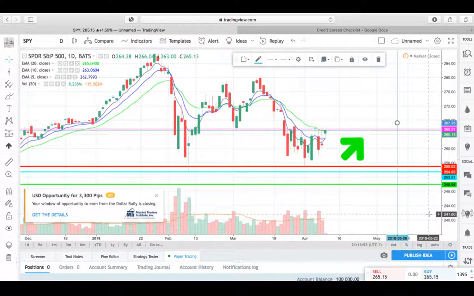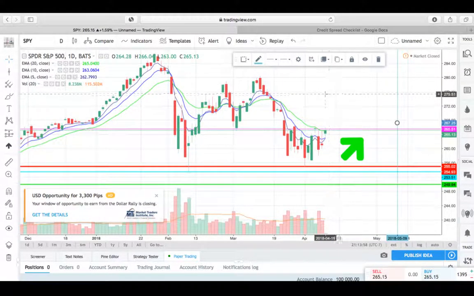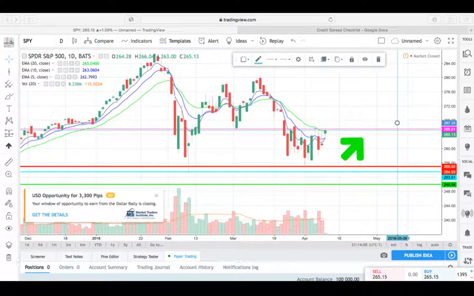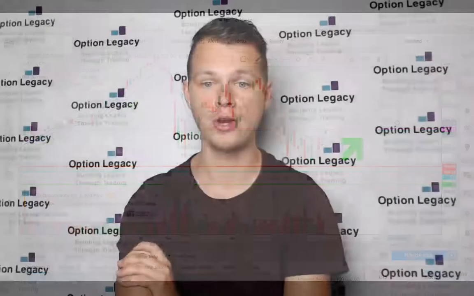Your max loss will happen if at expiration, which is represented by this line, it is down below this. So if we're putting on a bull put spread, we obviously need this thing to bounce upward, and our max profit will happen anytime the underlying stock is above the current short strike.